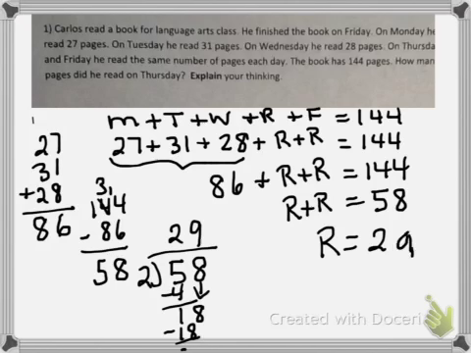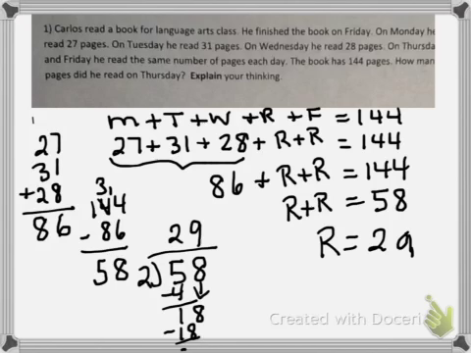Now the difficult part, I'm out of space here, is to explain your thinking. So here's what the explanation might sound like. I added the number of pages for Monday, Tuesday, and Wednesday to tell me how many pages he had read for the first part of the week. That sum is 86.